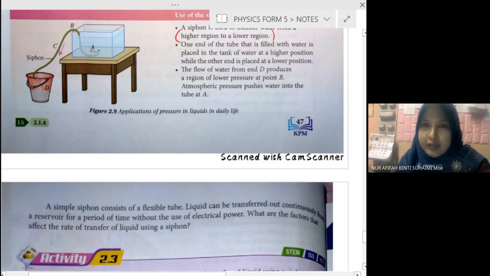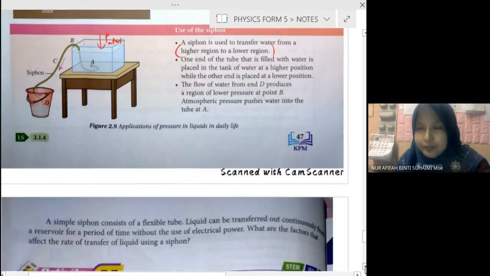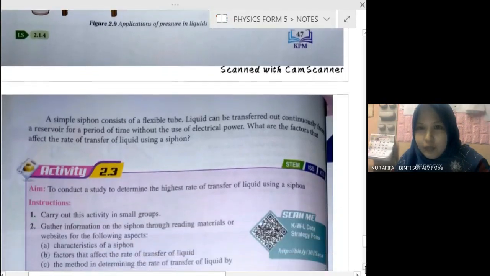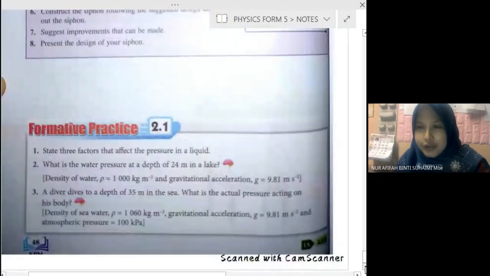Then the atmospheric pressure will push the water into the pail. Yes, that's the way. Fill the siphon with water first, then put it in the aquarium. Okay, finish 2.1.